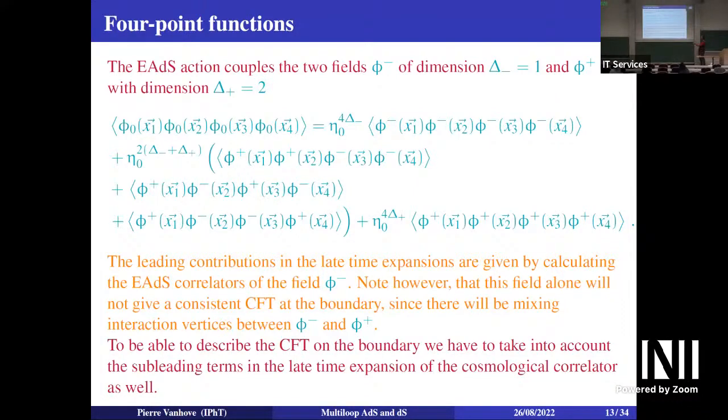So that means that when you do the late time expansion, normally you would like to focus on that one because this is the piece that dominates the computation of the late time cosmological correlator. But in fact, if you do that, then you will lose the structure of the full correlator.